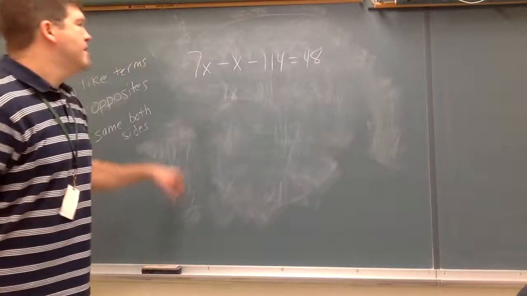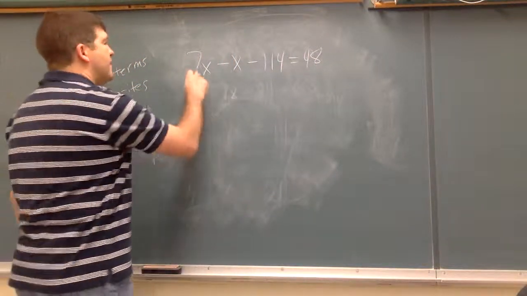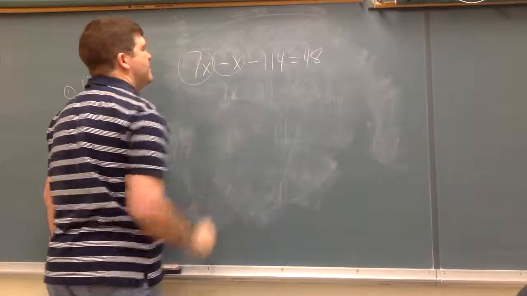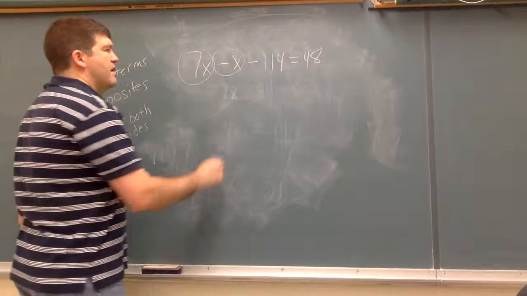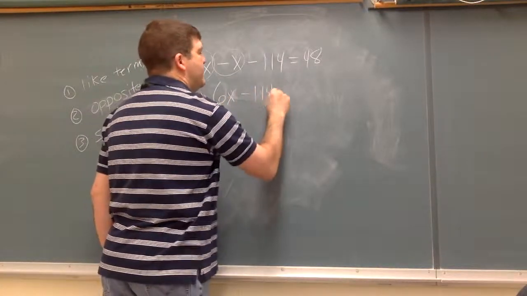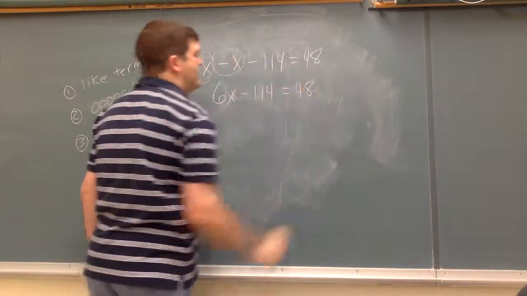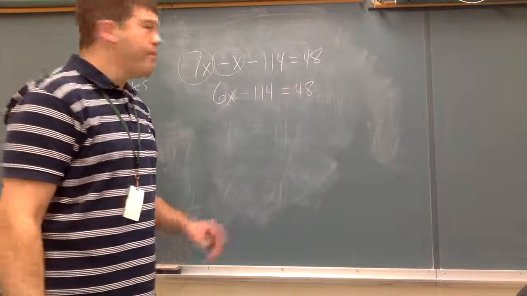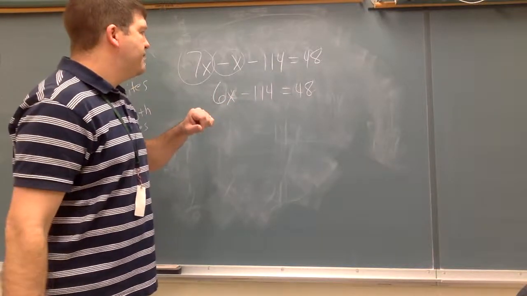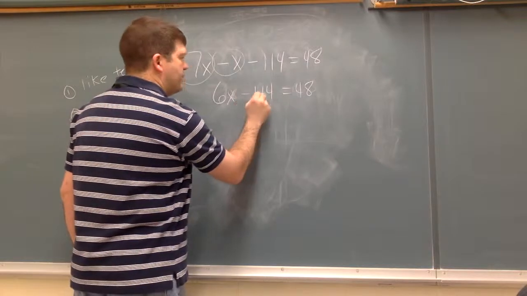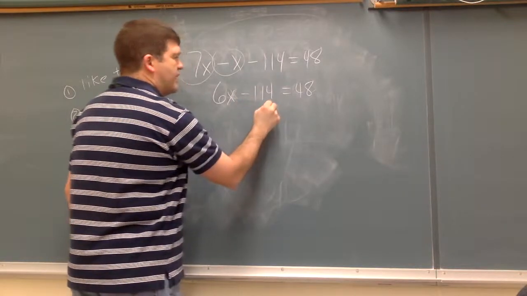Okay. So I'm going to put my like terms together. I have this and this as like terms. 7x minus x would be 6x minus 114 equals 48. All right, now, if I want to get rid of this, it's minus 114, so I got to do the opposite.